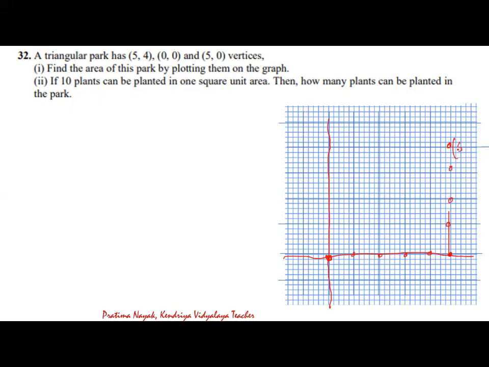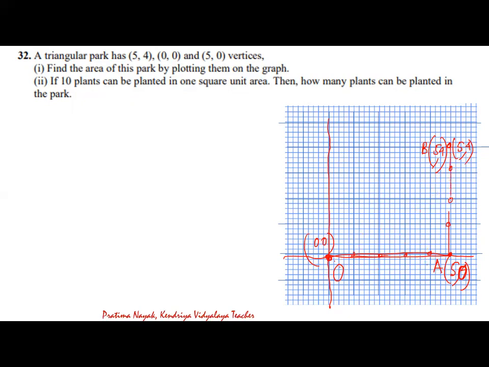So this is (5, 4). (0, 0) is one vertex. So this is O. A is another vertex, sorry, this is (5, 0). And B is your (5, 4). You can plot yourself. O, A, B. This is the triangle.